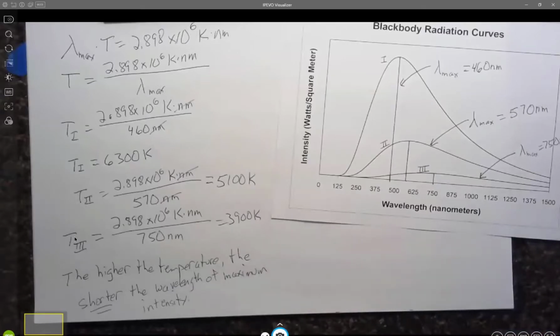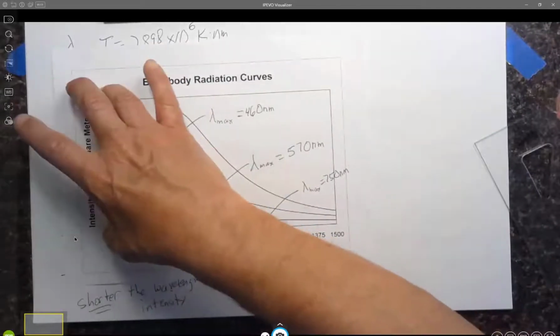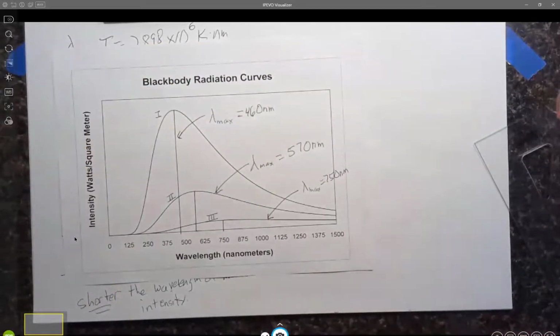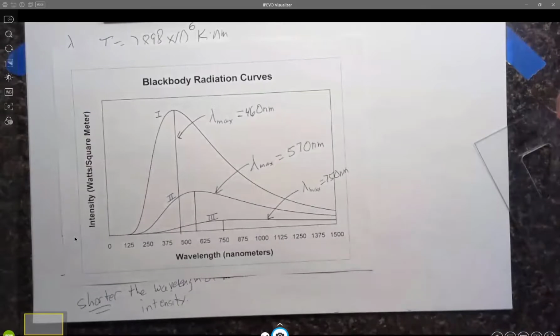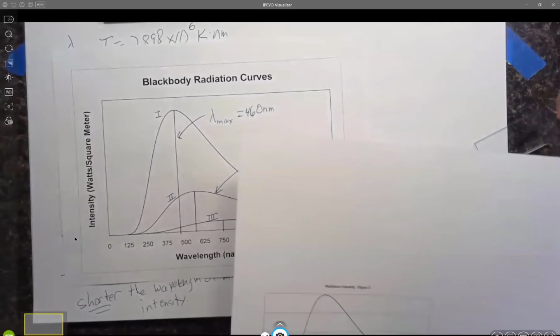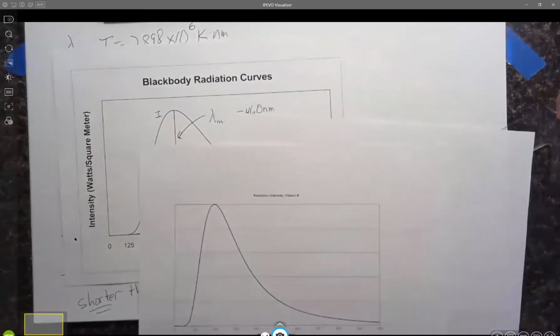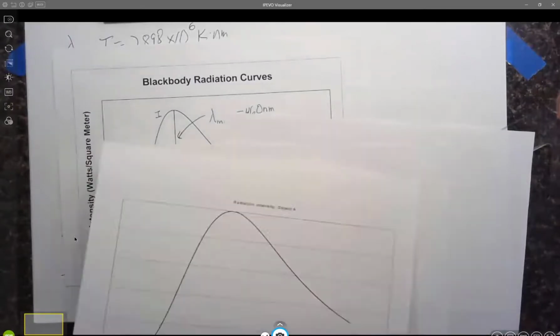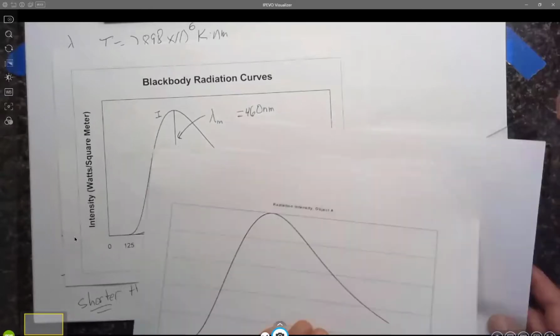All right, the curves that were all done on the same plot here, same vertical axis, same horizontal axis, were maybe a little too easy to figure out the temperatures of. And so I'm going to do something that is a little harder in this case. I'm going to look at some other objects here. These ones will be called objects A, B, and C, and see what we can learn about those.